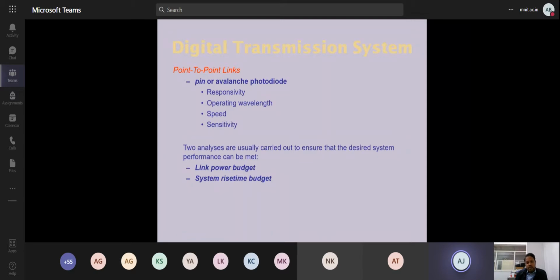So there are usually two budgeting schemes which are followed, and these budgeting schemes are the analysis which is necessary to show that this particular point-to-point link will work. So for that you need to do a link power budget and a system rise time budget.